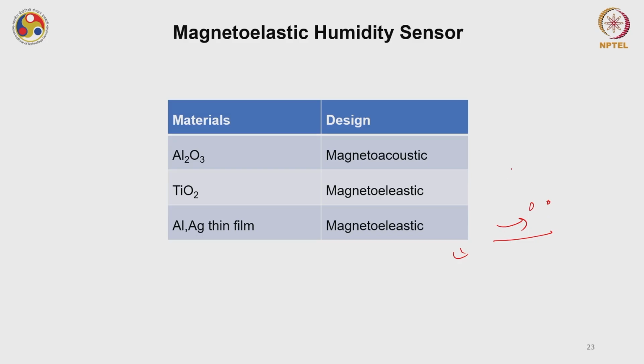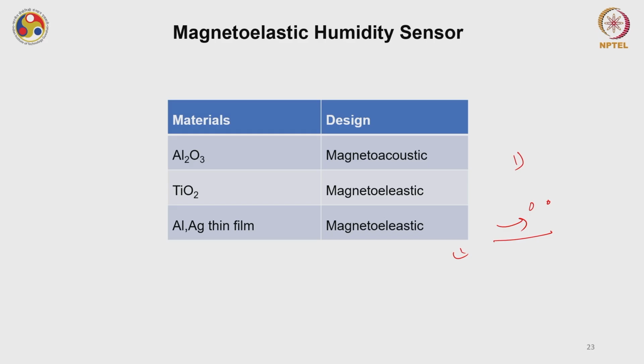Then based on absorption, based on reflection, we also have seen one based on optical fiber. It can also be based on different interferometers. So there have been several reports where these humidity sensors have been designed based on different interferometers, and they are very, very accurate. Then optical sensors can also be designed based on gratings.